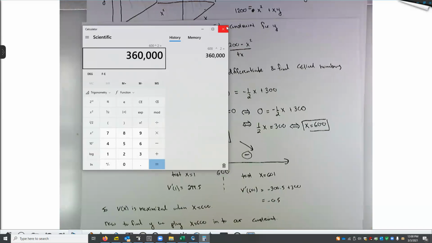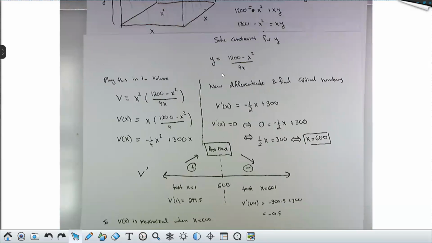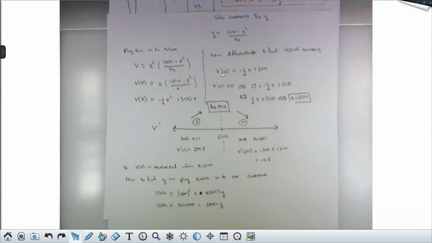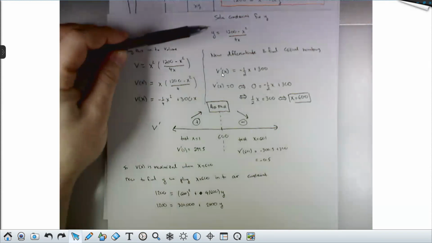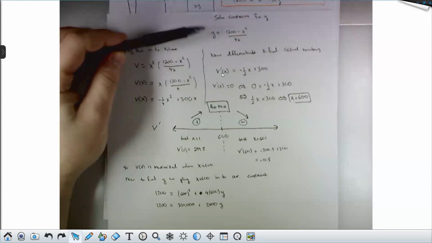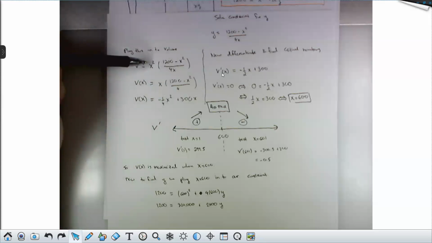Give me 1 second. That's 1200 minus x squared divided by 4x. That would be this. So put it in here. So this is 1/4. Oops. I can't trust my brain anymore.